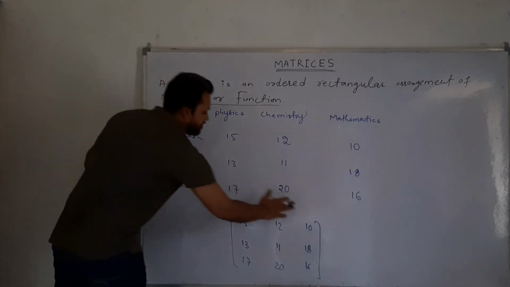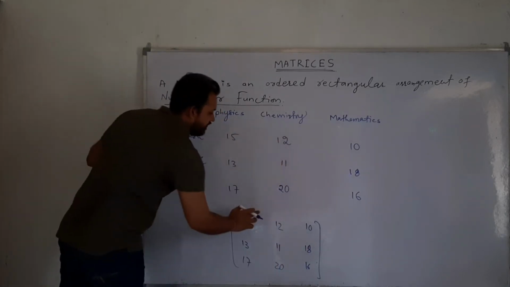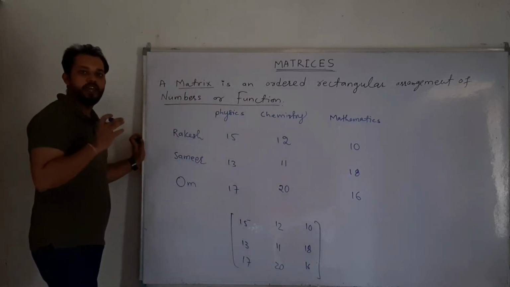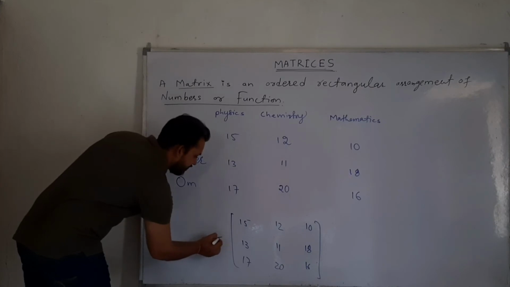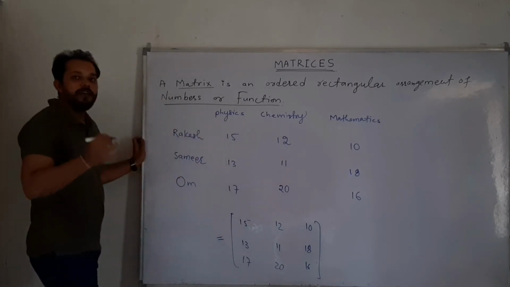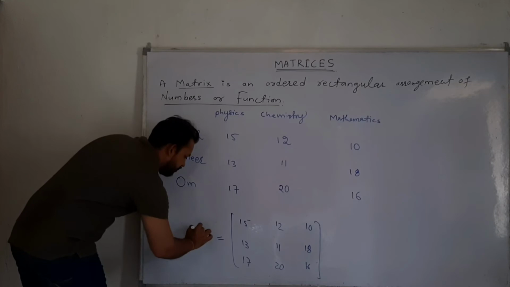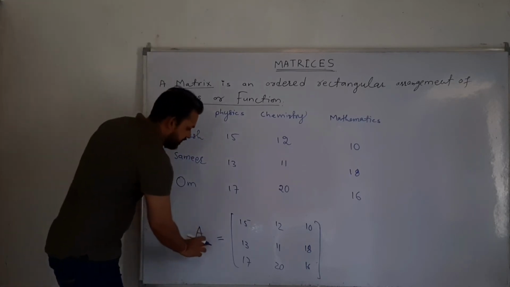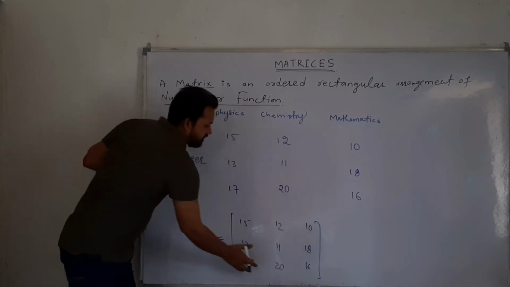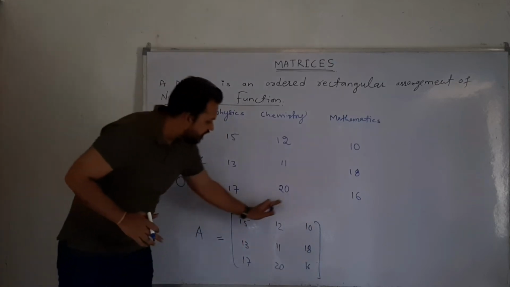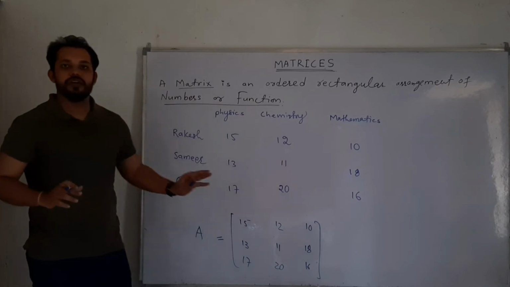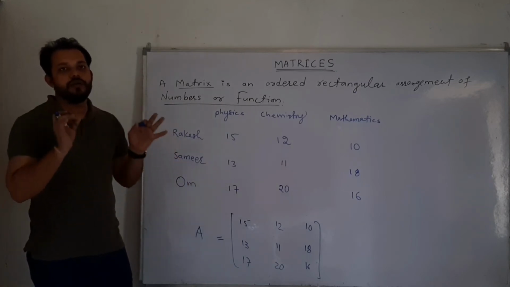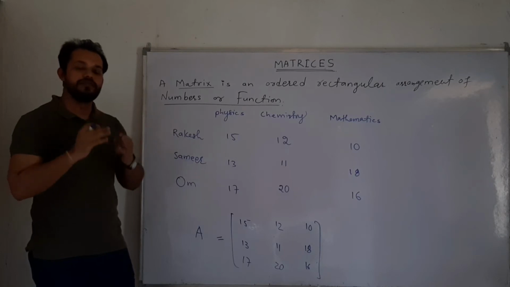And this representation of the data is called a matrix, or matrices. We denote any matrix with a capital letter. Suppose it is A. So here we got a matrix A in which numbers are arranged in a rectangular way. This is how a matrix is generated.